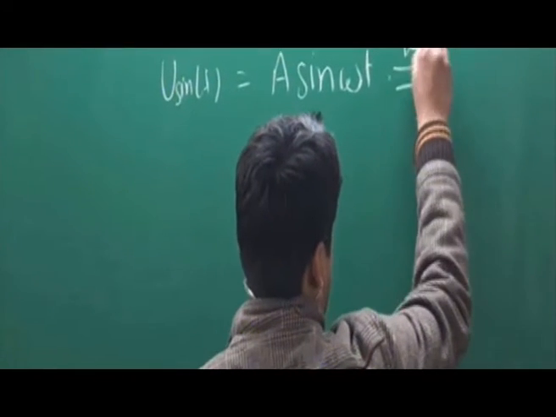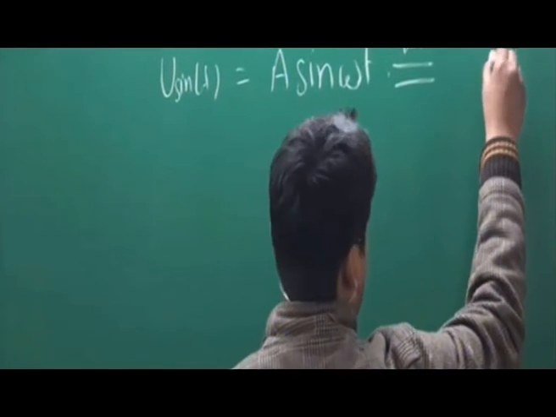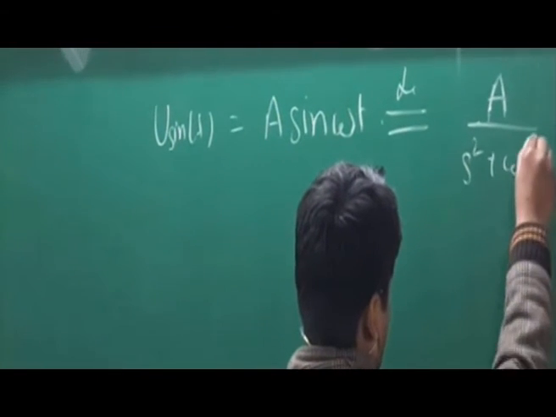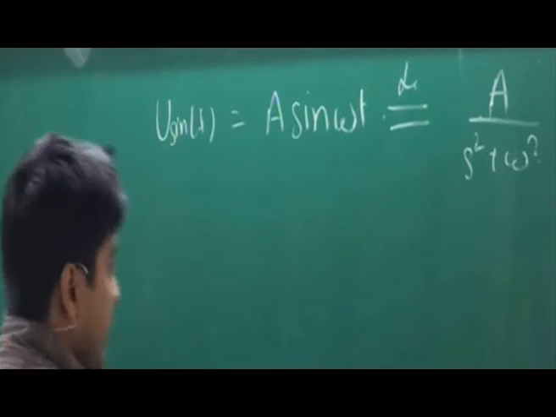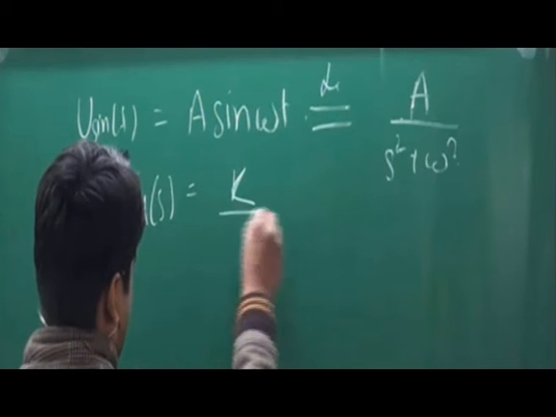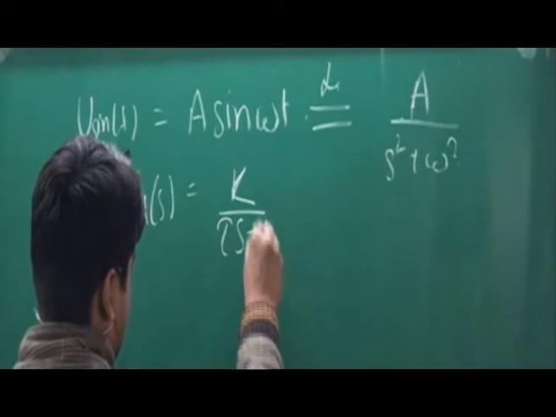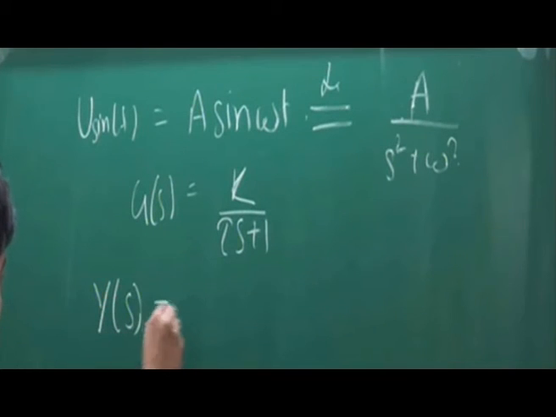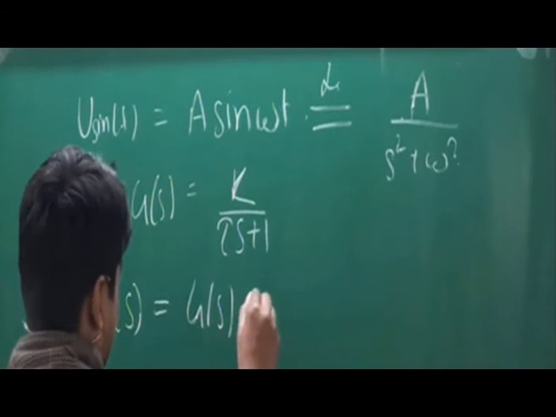and if you take the Laplace transform, it will give you this. And the first order system, what we have, is given by K over tau s plus 1. So now to compute the response of the system, I need to use the basic simple equations we have seen last time.